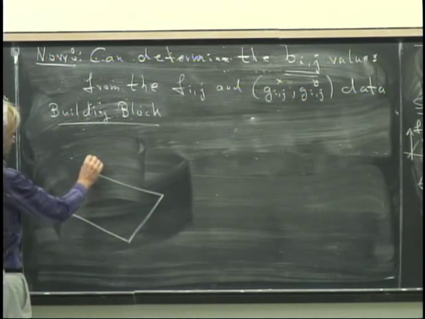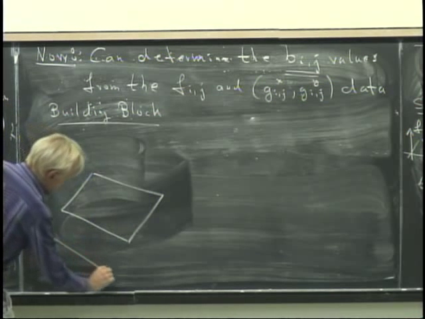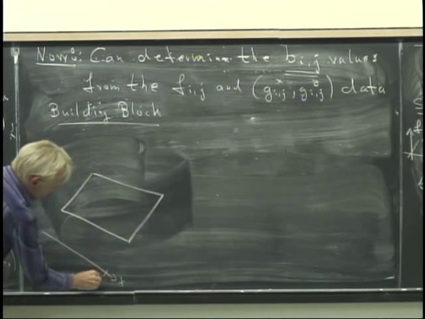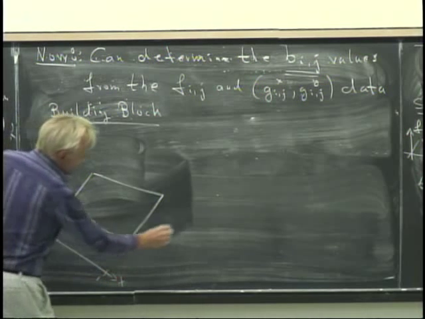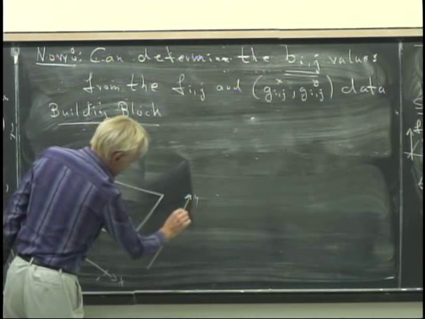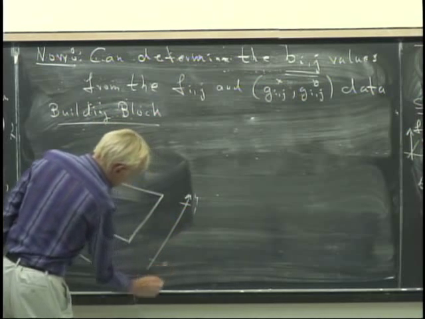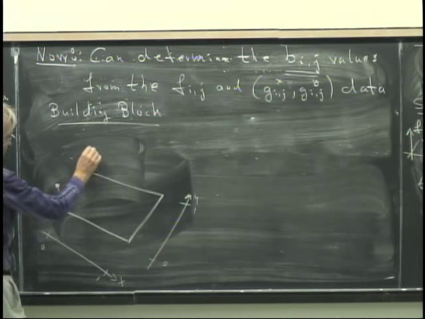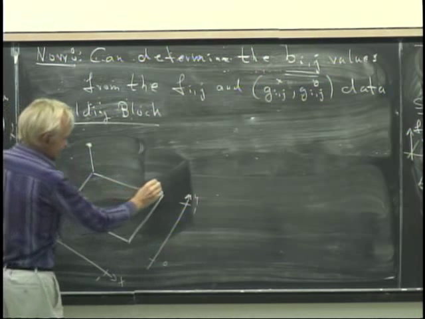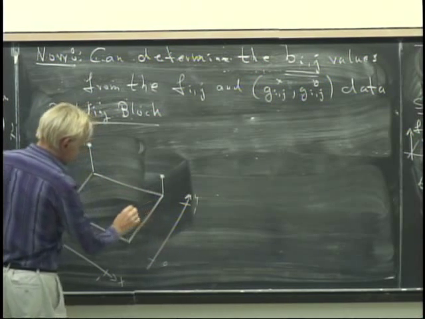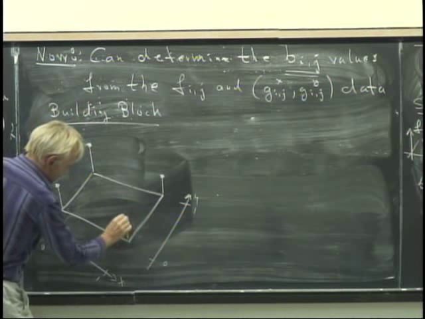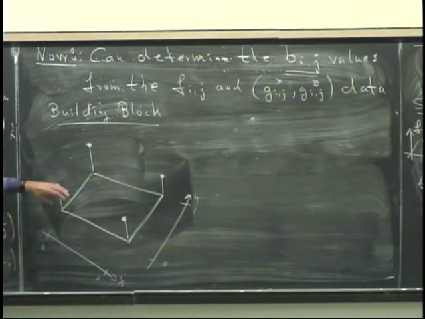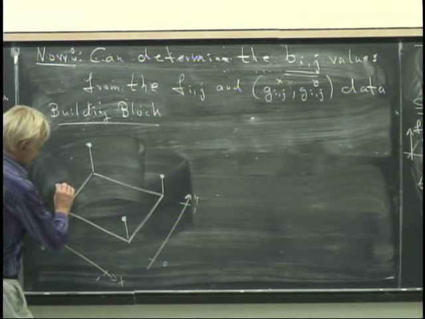Without losing any generality, I can just say this is 1, this is 0, this is the y direction, this is 1, this is 0. At this point, I have the 4 corner values, and at each of these values I also have 2 slopes, one slope in x, one slope in y.